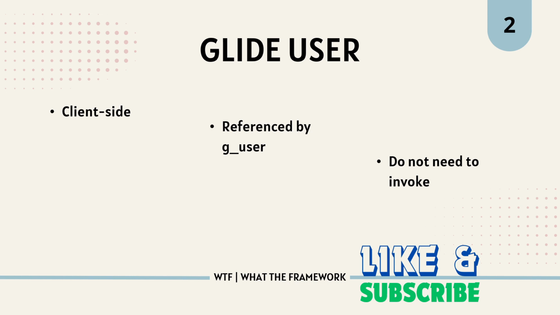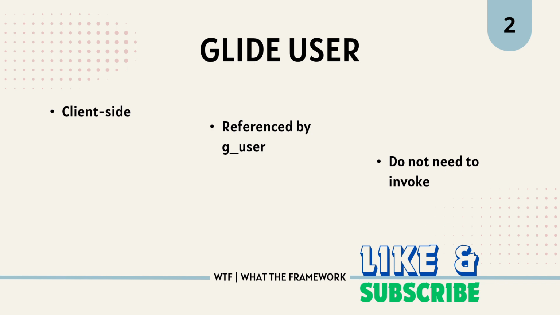When I say invoking, it means we don't need to create an instance of that class, like the way we do for GlideRecord by doing new GlideRecord and giving the table's name. Third, and the most important thing, since we do not need to invoke the Glide user class, we can directly reference the Glide user by using g underscore dot user.